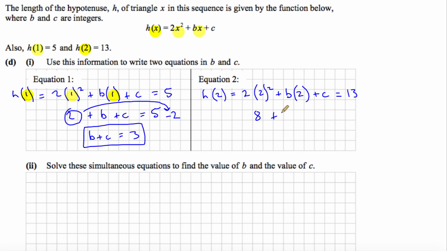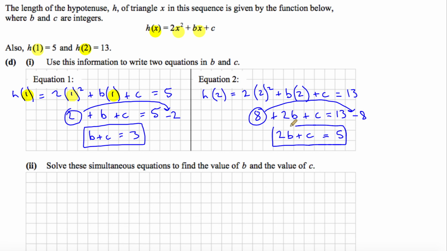Plus b times 2 is just 2b. Plus c is equal to 13. So when we bring this 8 over here, it becomes a negative 8. And we're left with 2b plus c is equal to 13 minus 8, which is 5. And that's my second equation in b and c. So I've now done what they asked, used the information to write two equations in b and c.